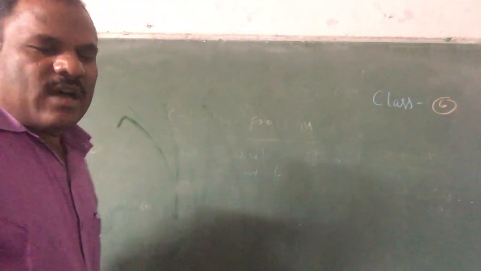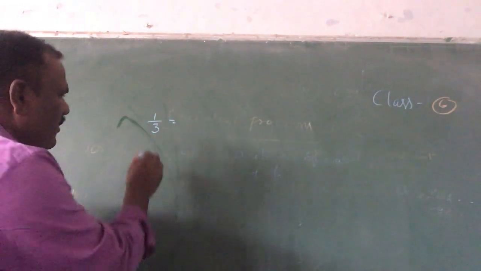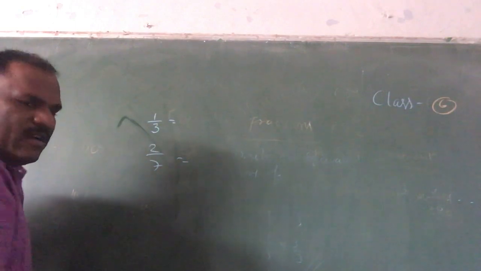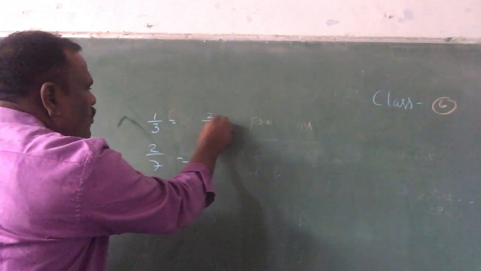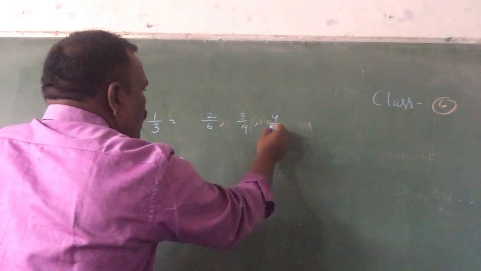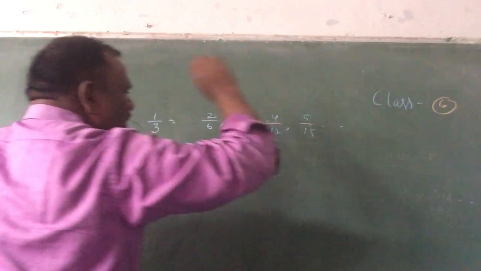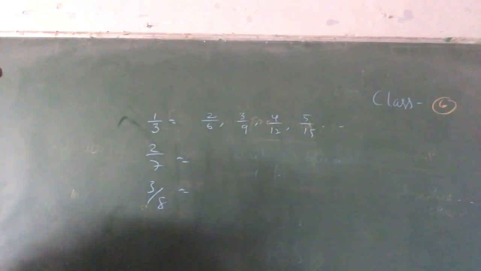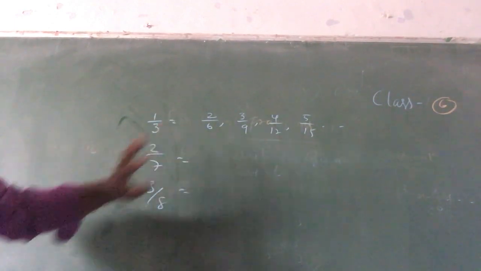The equivalent fractions of 1 by 3, the equivalent fractions of 2 by 7, and the equivalent fractions of 3 by 8. Now see, 2 by 6, 3 by 9, 4 by 12, and 5 by 15, etc. These are the equivalent fractions of 1 by 3, because when you multiply both numerator and denominator with the same number.